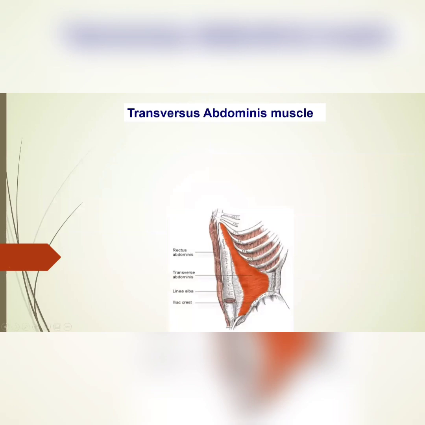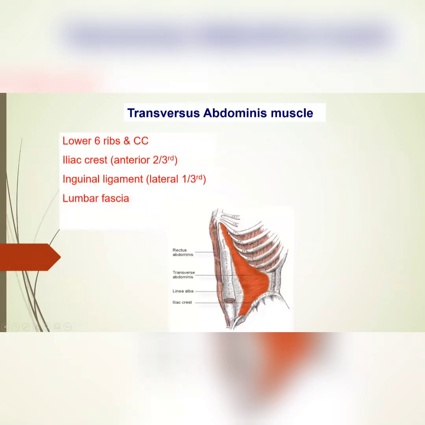From the diagram itself and from the name, you can see the direction of fibers. It is horizontally oriented. So the origin of transversus abdominis is from the costal margin, the lower 6 ribs and costal cartilages, as well as from the iliac crest and inguinal ligament.